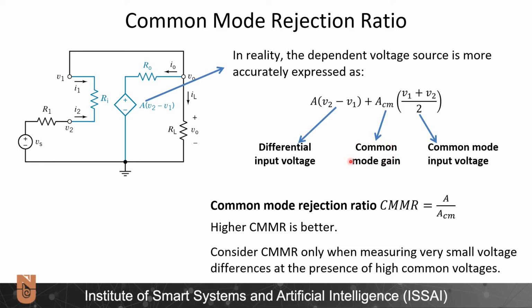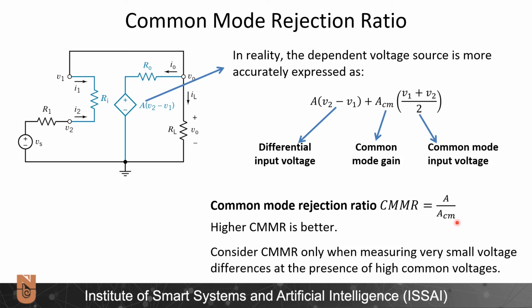And then we have this unwanted common mode gain, which multiplies V1 plus V2 over 2, basically the average of the input voltages, with some type of coefficient. So we are defining the common mode rejection ratio as the ratio of A to A common mode, and we want this CMRR to be as large as possible.